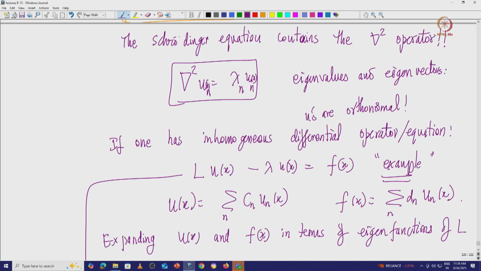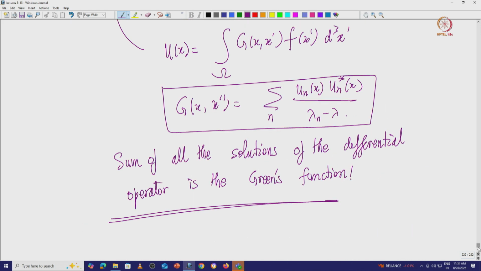This equation has a Green's function solution directly in this particular fashion: u of x is equal to the integral of g of x x prime f of x prime d cube of x prime, over a region with specified boundary conditions, essentially suitable boundary conditions, surfaces and volumes.